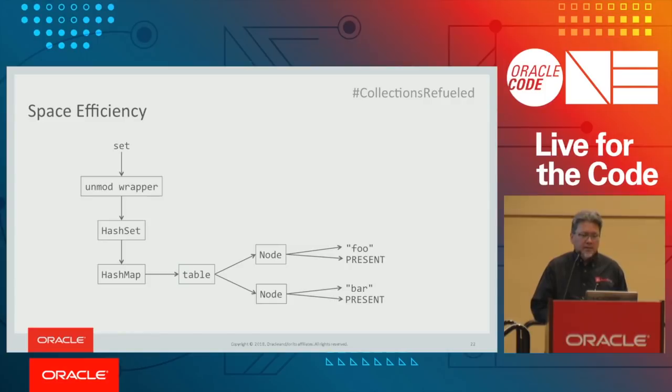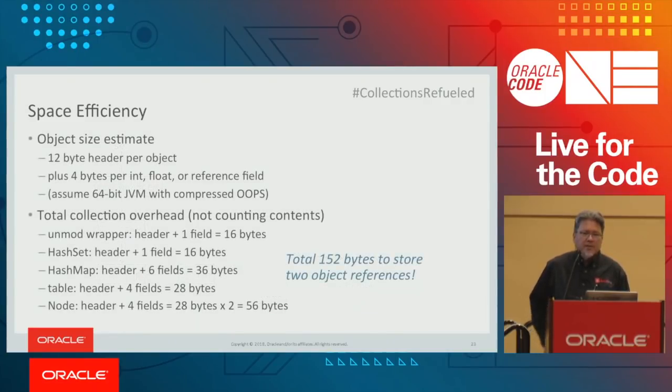All right, now let's go through these objects and count up the number of bytes consumed by each one. It depends. These numbers depend on the JVM implementation, but I'm going based on HotSpot, which, even if it's a 64-bit JVM, has a feature that allows use of 32-bit pointers. In this case, every object has a header which happens to be 12 bytes, so every object unavoidably has an overhead of 12 bytes.